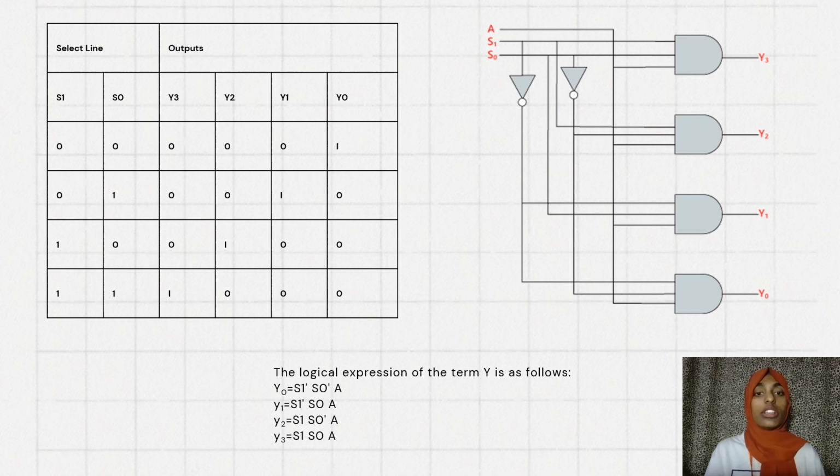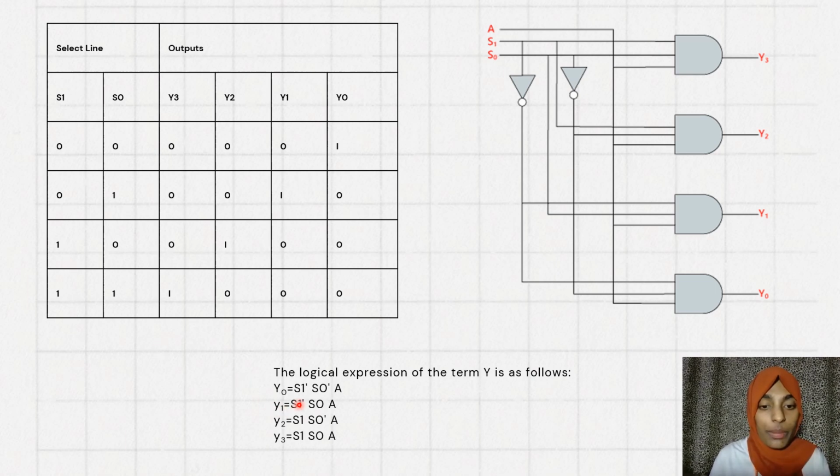When y0 is 1, we consider those situations, that is S0 bar. Let's keep in mind that if the selection line is 0, it is written with a bar above the select line. So here, y0 equals s1 bar, s0 bar, into a.